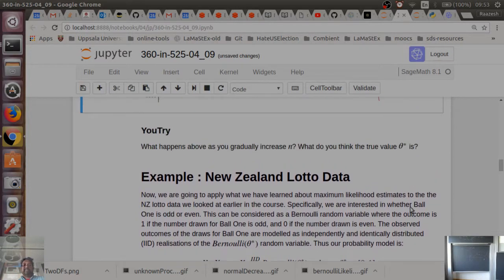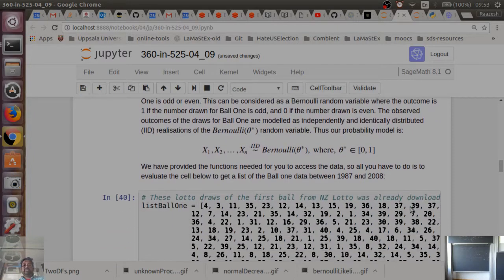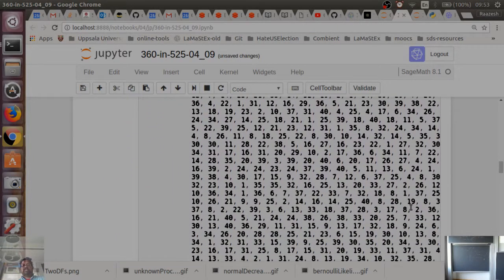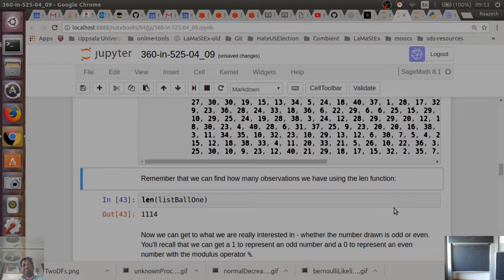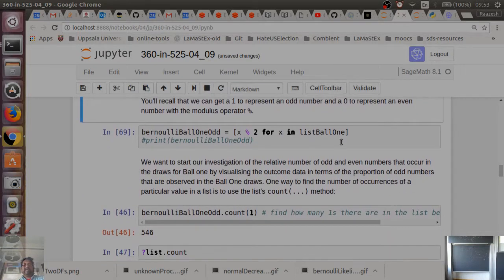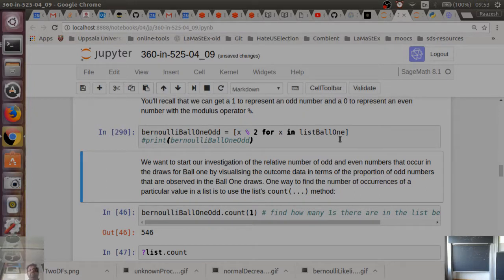Okay, so let's briefly get back into this New Zealand Lotto data. Remember, this is just the number of the first ball, and there's 1,114 of them. I'm now interested in just the odd balls.